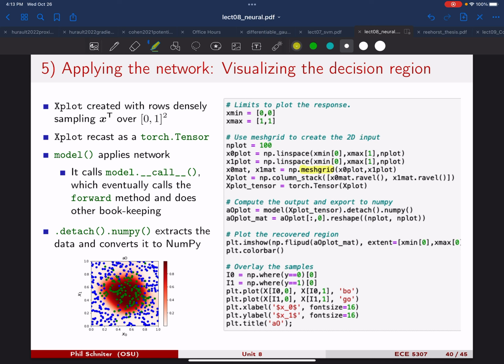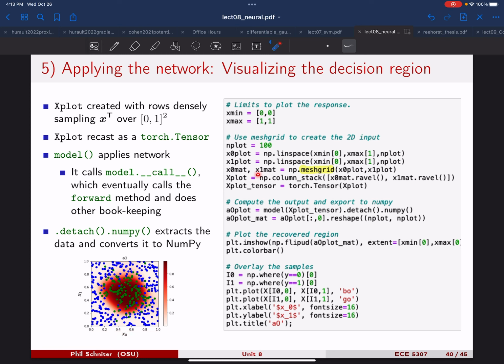And so what you do is you construct 2 matrices. They're going to be x0 mat, x1 mat. And what x0 mat looks like is it's a matrix of size 100 by 100, where the number used for x1 at all those locations is constant, but the number used for x0 increases according to the x0 grid.